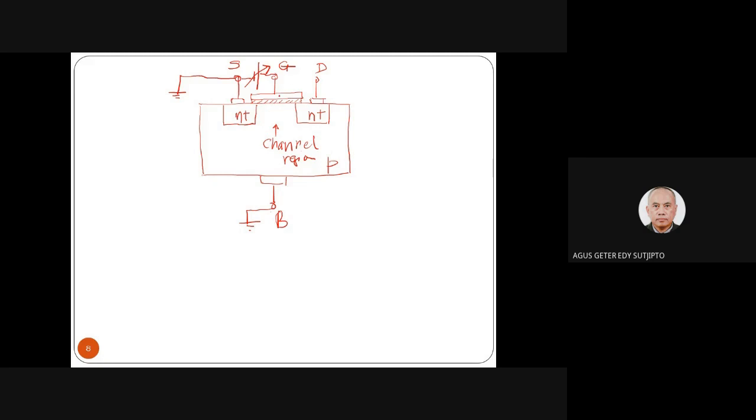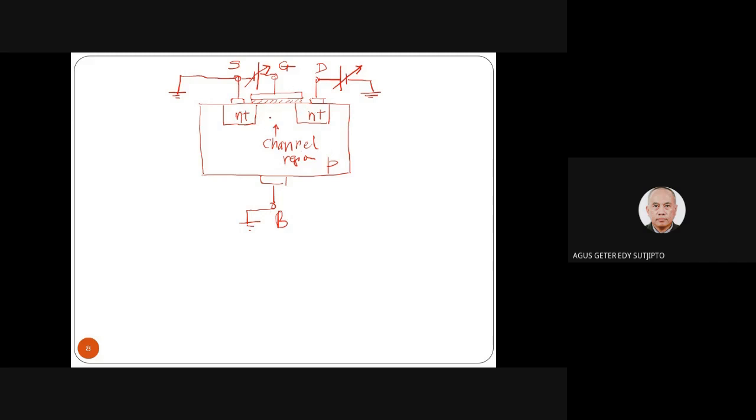So when we apply voltage into the D, DS, we have a DS like this. Then there will be created the current flow from the D to the S here, or electron flow from the S to the D here.